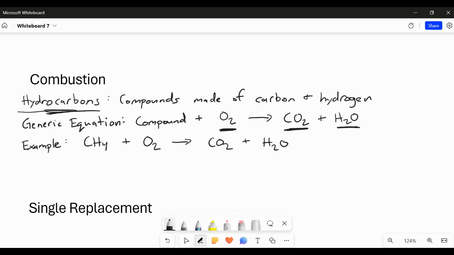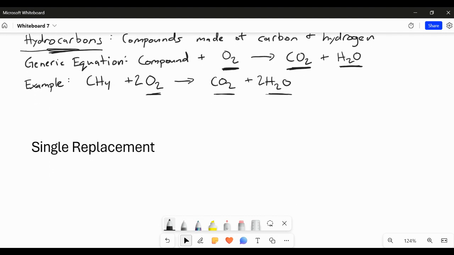And let's balance that out. This has got to be a 2, and then that's 4 oxygens, which means the water has to be a 2 as well. So this is our balanced chemical equation for the combustion of methane. You can see we're starting with oxygen, and we're forming carbon dioxide and water. This is an example of a combustion reaction.